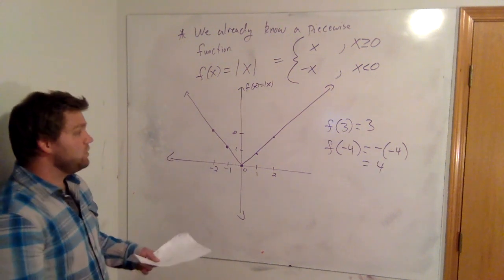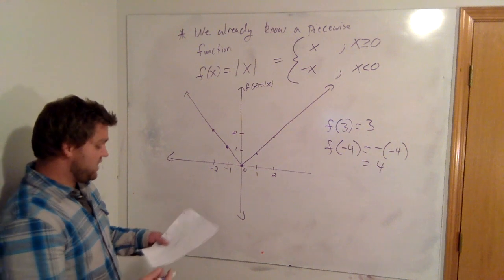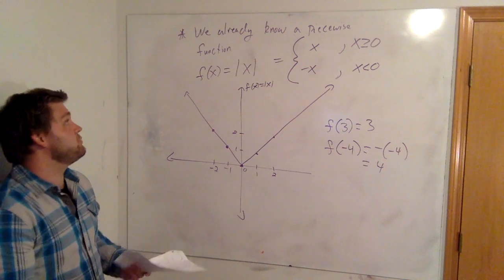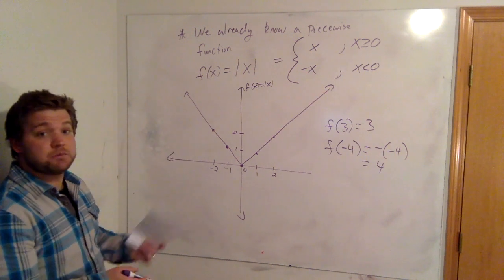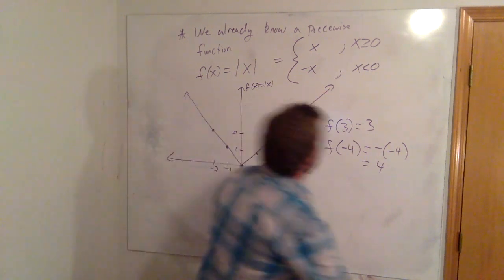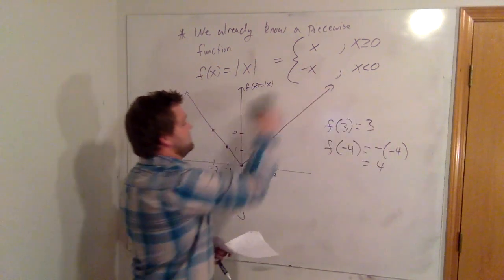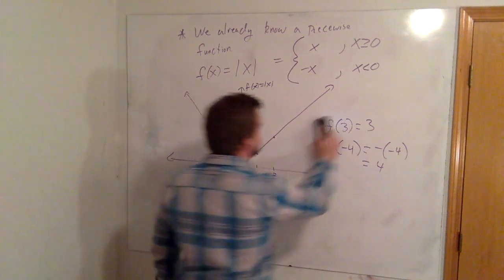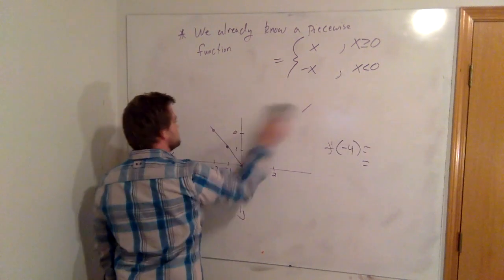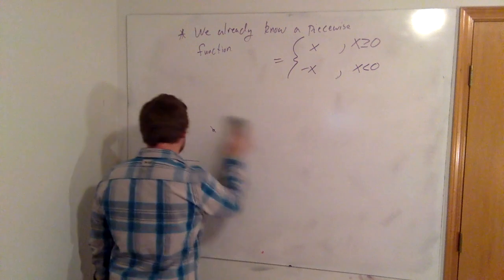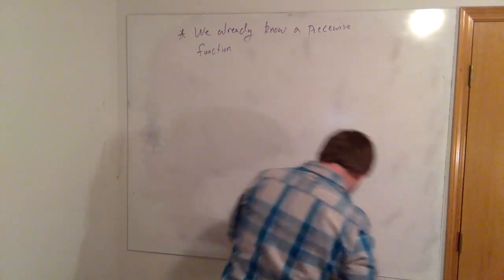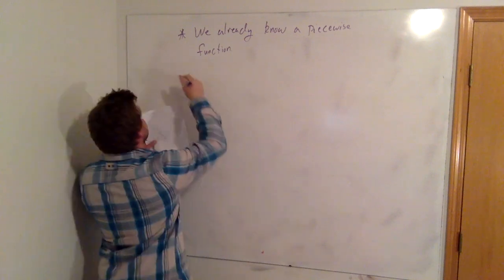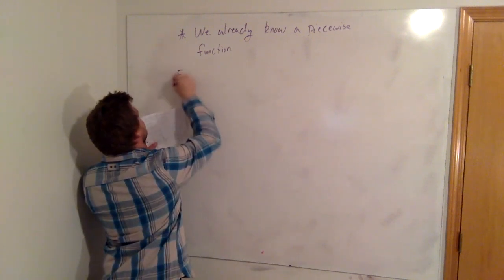Okay. What I would like to do is another example of graphing absolute value functions and thinking about them piecewise, or writing an absolute value function in terms of a piecewise definition. Let's do another one. So this will be an example.